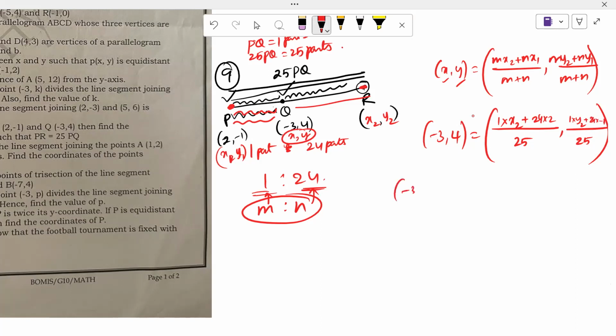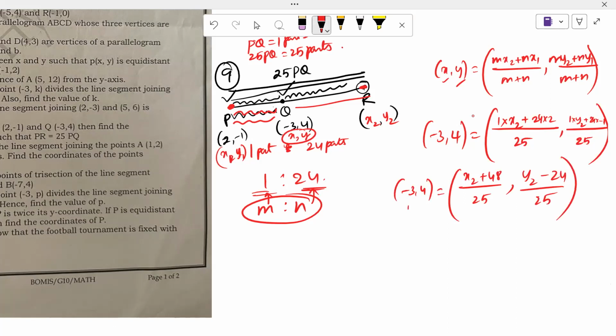So minus 3 comma 4 is equal to x2 plus 48 divided by 25, comma, y2 minus 24 divided by 25.